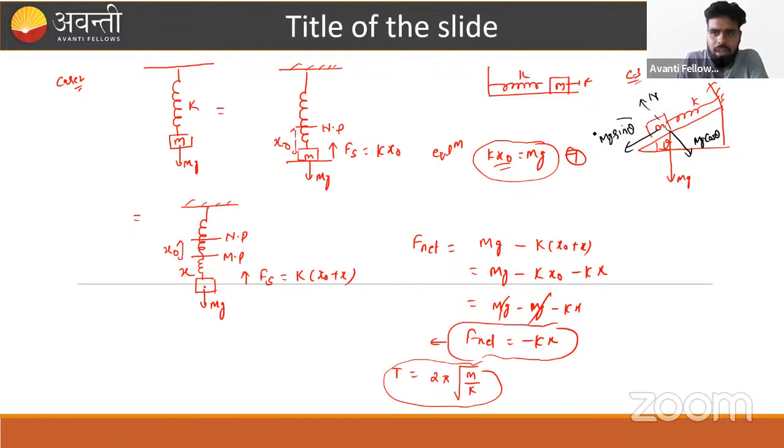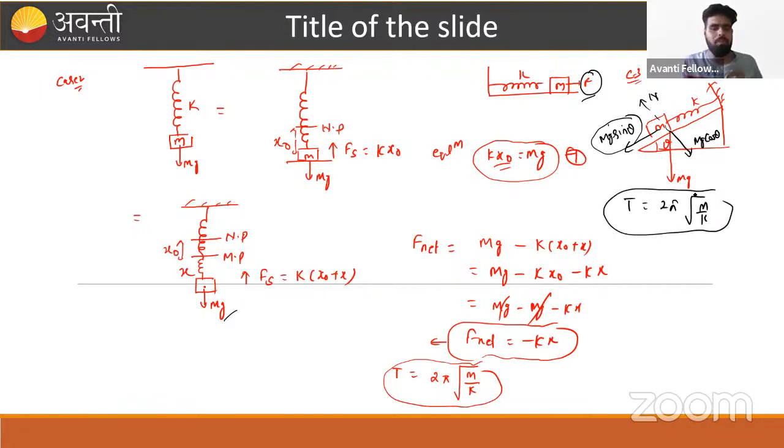So mg sin theta is constant in nature, and that will create an elongation in the spring. And the spring elongation must balance mg sin theta. So this mg sin theta is acting like a constant force here, like mg. So the same result comes in this case, and the time period is nothing but T equal to 2 pi root over m upon k.